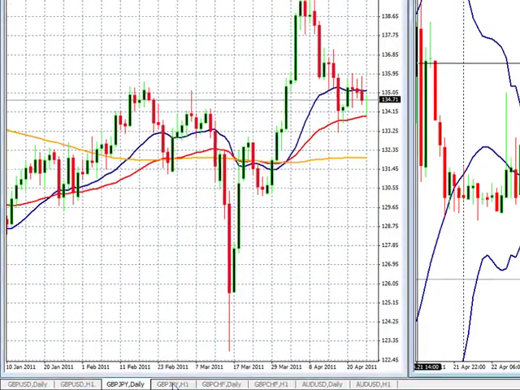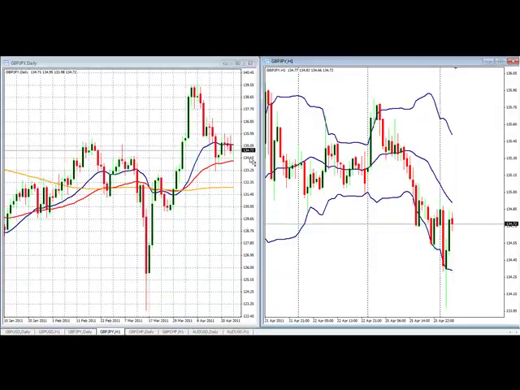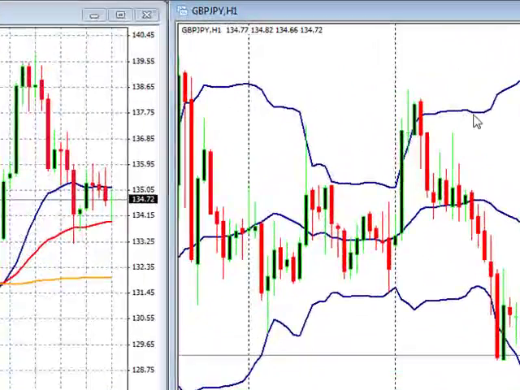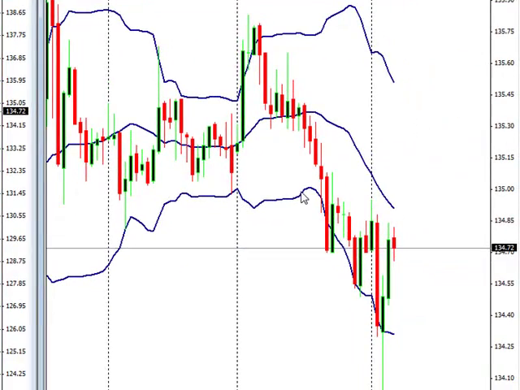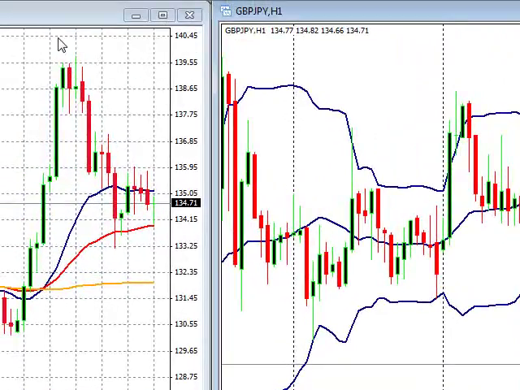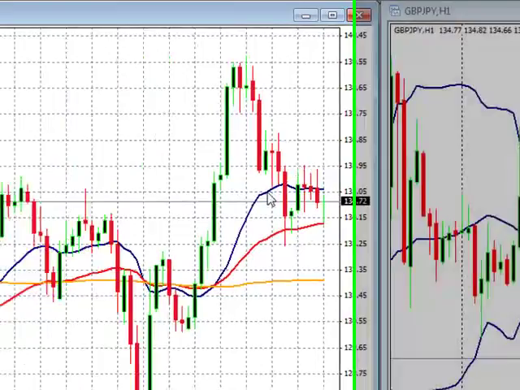Moving on to the pound yen, we said wait for a trend to be established, and I feel the same way. Short on the hourly, we can see a nice break here of the support put in. But more importantly, as we look at the daily, there is no trend here.